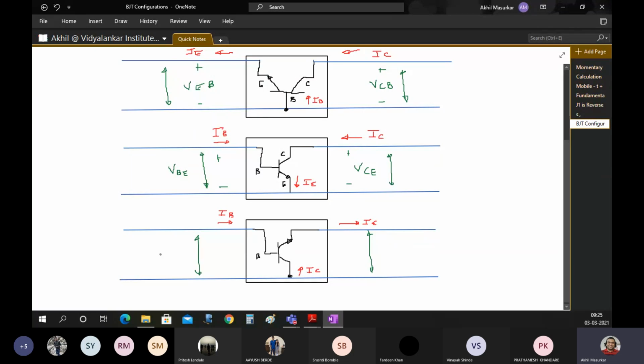So here we have VBC, and here we have VEC. So this is emitter, and this is your collector. So this is common base configuration. This is common collector, emitter, sorry.